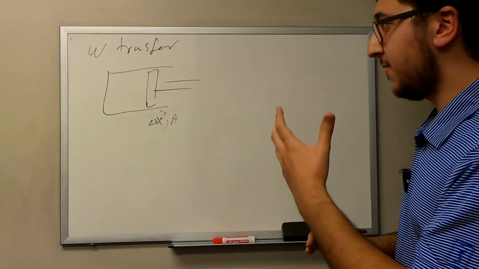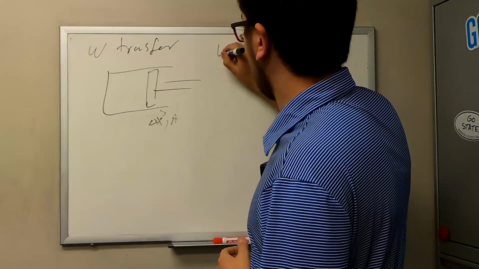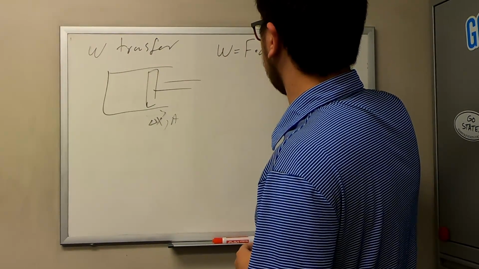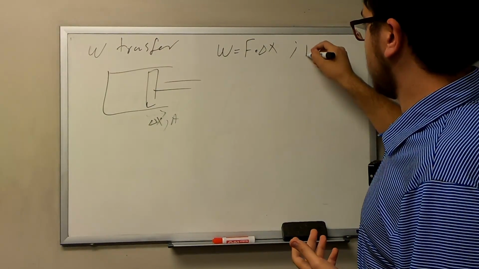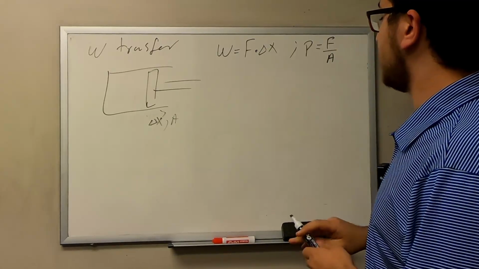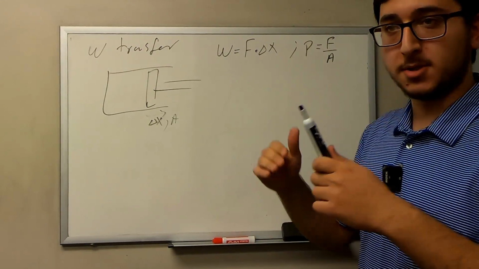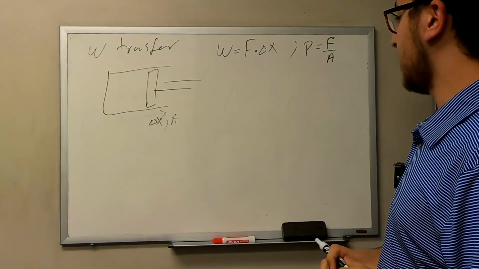So if you want to derive the work, we go back to our definition in physics where work is force times the displacement. And I also have the definition of pressure, which is force divided by the area. Pressure is measured in pascals, which you can convert to newtons per meter squared. That's where the equation comes from.